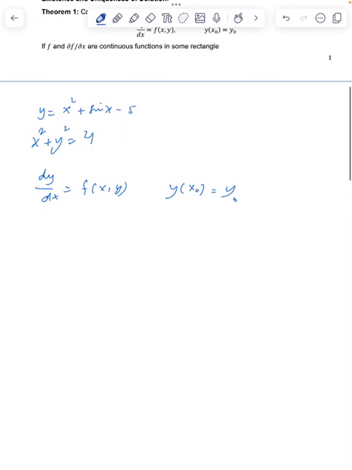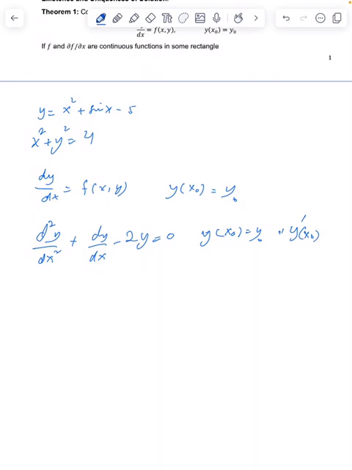Now, if we have a second order differential equation, then we will be given two different initial conditions. So for example, if I have d2y by dx2 plus dy by dx minus 2y equals 0, then if it's an IVP, I should be given one value of y at x naught, and we should also have a value of y prime, the first derivative, at x naught.